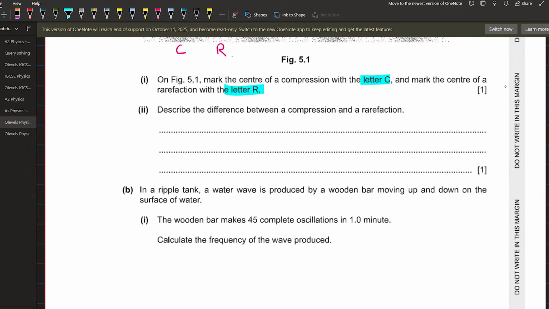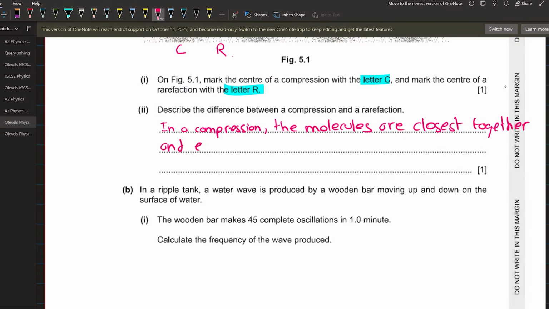Describe the difference between a compression and a rarefaction. I have already told you. In a compression, the molecules are closest together and experience maximum pressure.